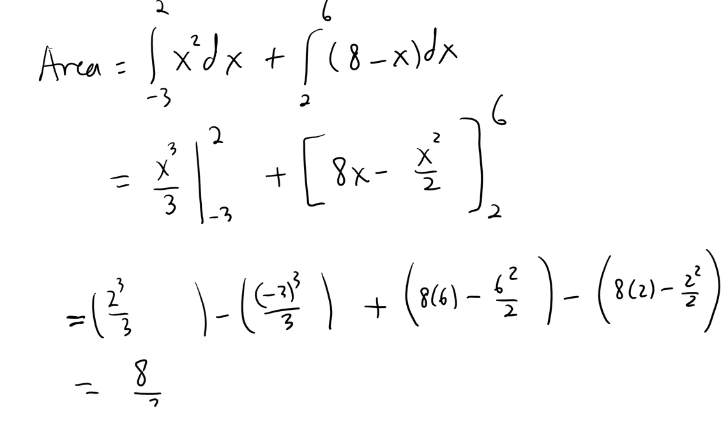That gives 8 over 3 minus -27 over 3, which is 35 over 3.